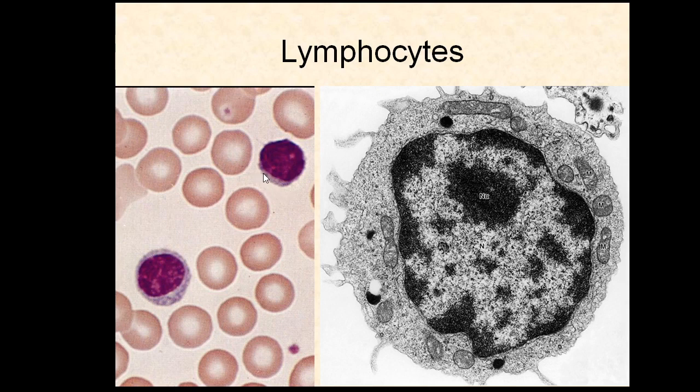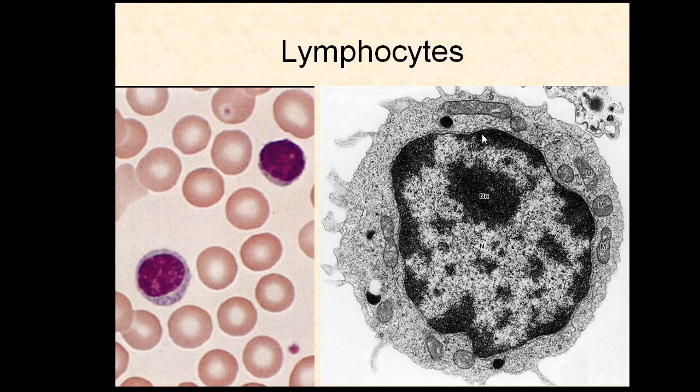You can see that the lymphocyte has blue, basophilic cytoplasm and a very large spheric nucleus. This is the nucleus. I think that it is a medium-sized lymphocyte and this is a small lymphocyte.